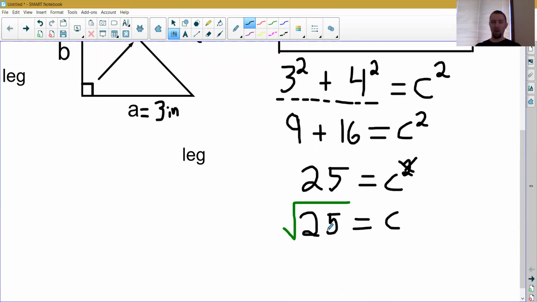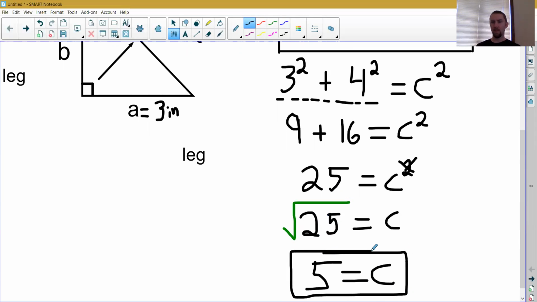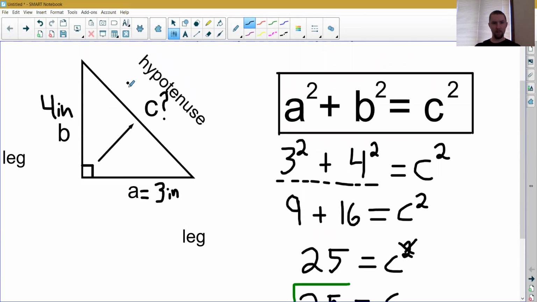So we go back to before we knew there were negative square roots, and we think, 25 is in my list of perfect square numbers, right? And 25 is equal to 5 times 5. So the square root of 25 is 5. So c is equal to 5. So this length here on this triangle is 5.